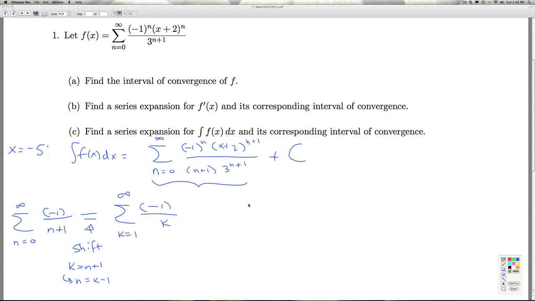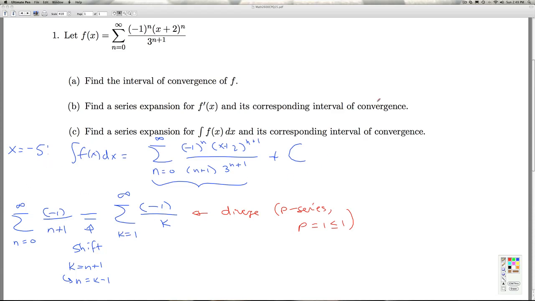And so this is going to diverge because it's a p-series, and p equals 1, which is less than or equal to 1. Because of the -1 there, that's going to add up to -infinity. Okay, so that means that -5 doesn't work.